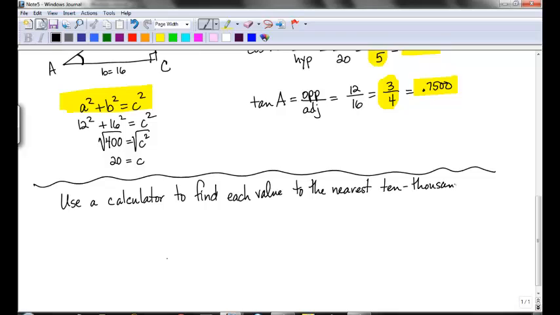Remember, it's tenths, hundredths, thousandths, 10,000ths. So really they're saying 4 decimal places is what they're asking.